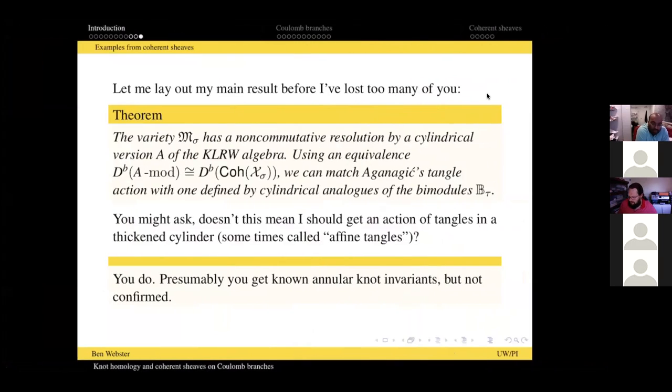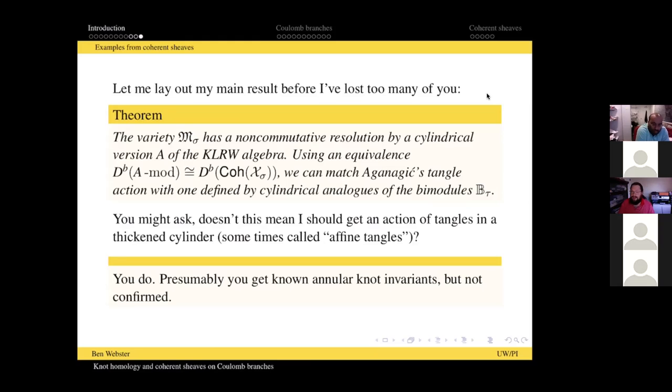All right, so before things get too crazy, let me just say, what's my main result? My main result is about this variety, the Coulomb branch that Aganagic is using. She's using coherent sheaves on a resolution of singularities of this variety.